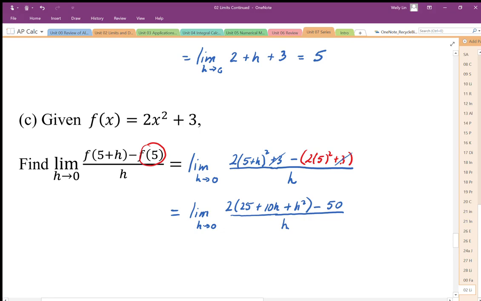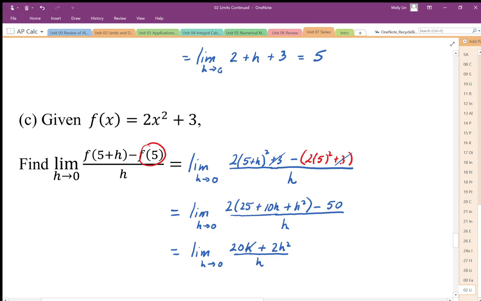So then I can see that the 2 times 25 and the minus 50 cancel out. I'm going to write one more step here: the limit as h approaches 0. I end up with 2 times 10h plus 2h squared, all over h.